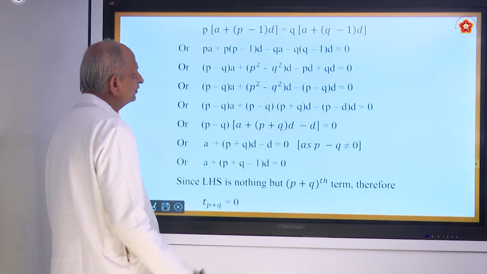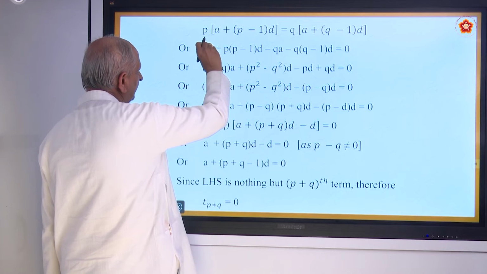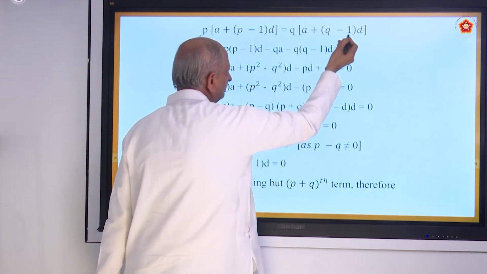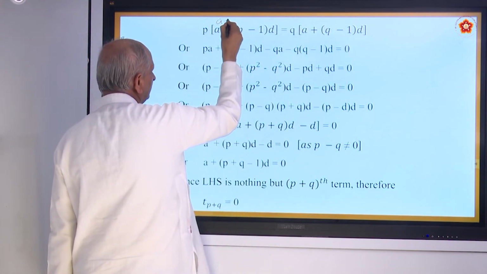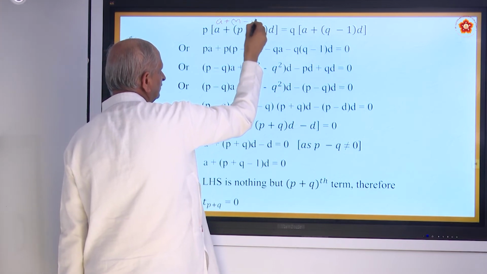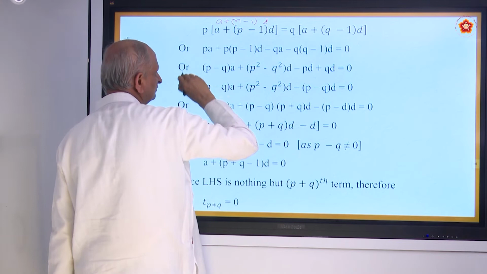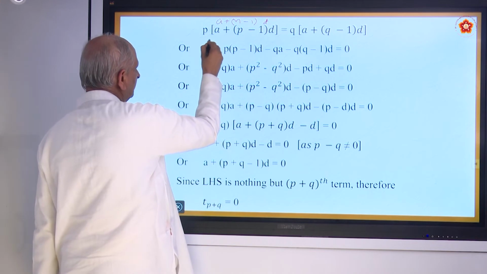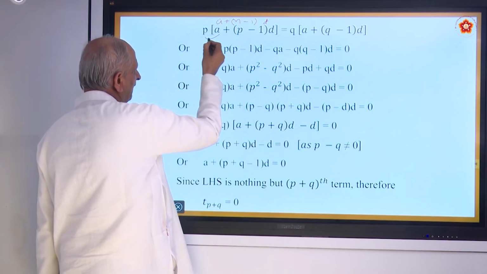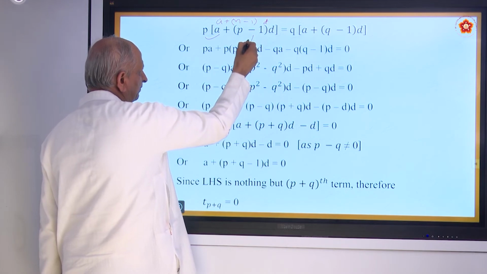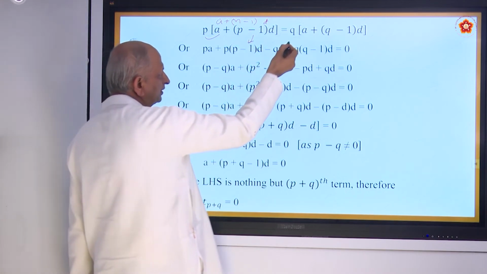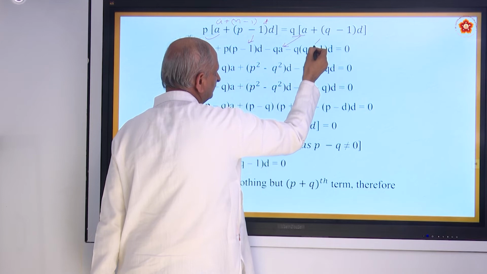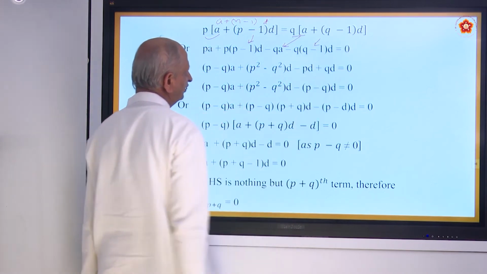Then use the formula for the pth term and the qth term: Tn equals A plus n minus 1 into D. Similarly here, A plus n minus 1 into D. Now multiply: P into A is Pa, then P into P minus 1 into D, and Q into A is Qa, Q into Q minus 1 into D, is equal to 0.